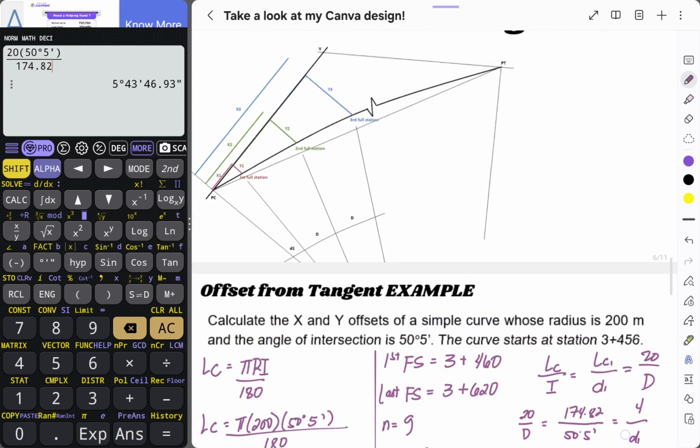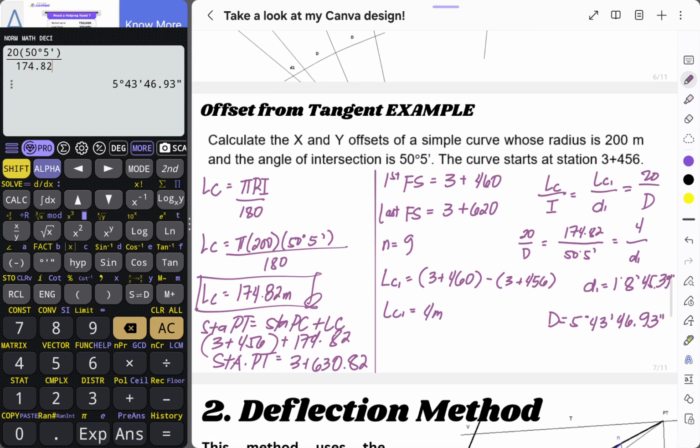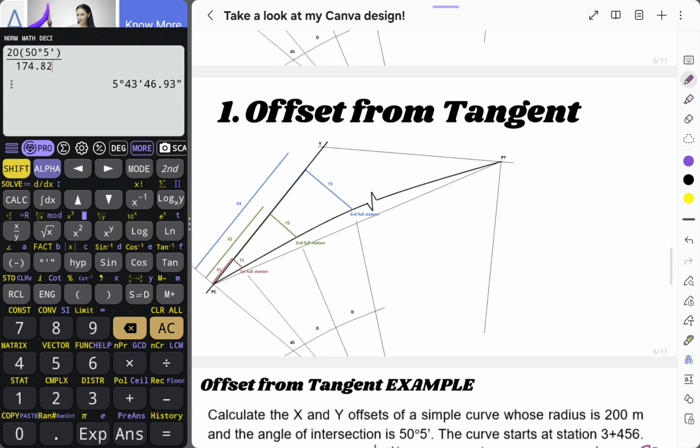So, meron na tayong big D and small d. O, dito na lang. Para sa ating offset. So, sinabi natin kanina na ang formula natin for our x offset is equal po siya sa r sine d1 for our x1.